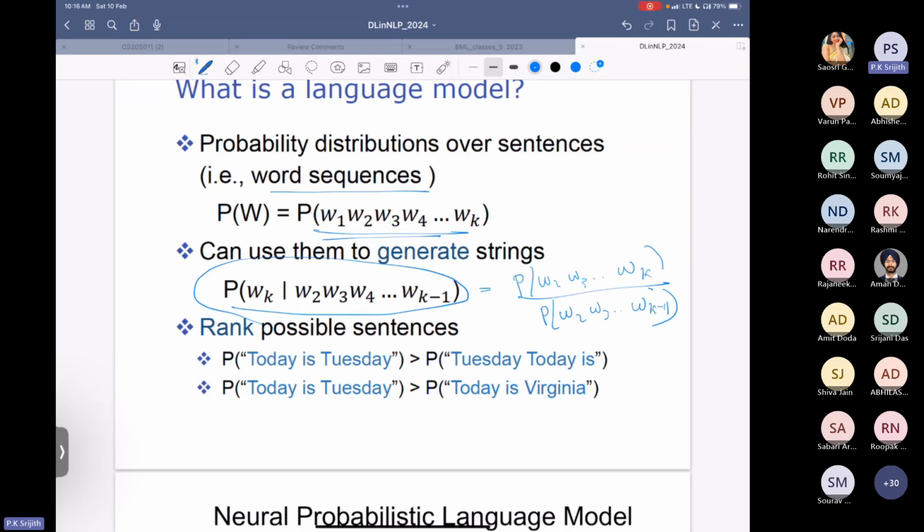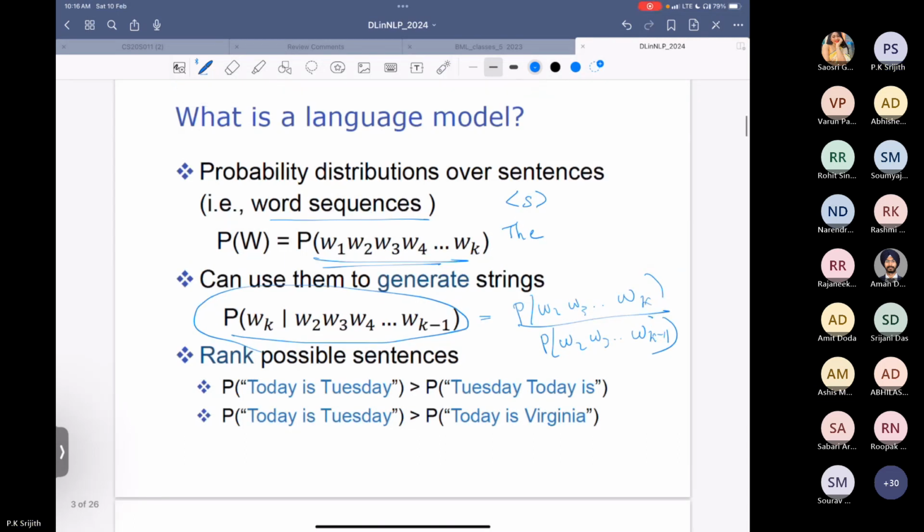So the way you generate a new sentence is that, to this model that you have, you give your first token. It could be a start token, something like start of a sentence, or it can be some word like "the" as a first word to this model. Let that be something like W1.